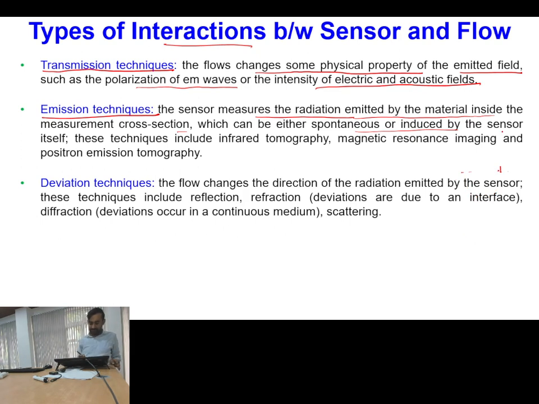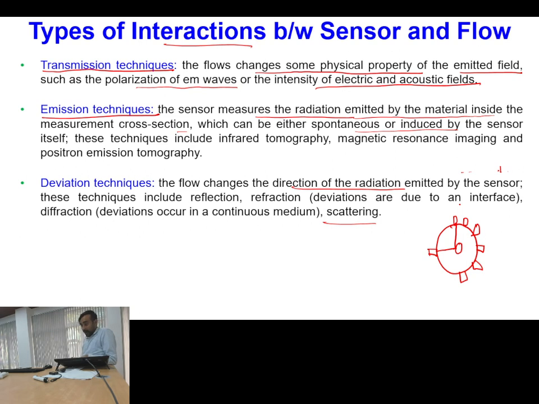Okay, and the third technique is called deviation technique. In case of deviation technique, the flow changes the direction of the radiation emitted, and depending upon the change in direction, we will find that. This is the technique I gave you an idea about yesterday. Let's say I have a source over here, then I have multiple sensors along the pipe. Once this ray has come from the source like this, then at this point there is a bubble. Because of this bubble, it has reflected and gone to this sensor.